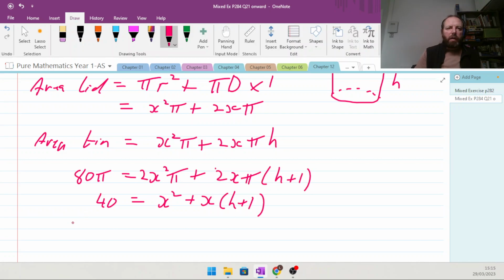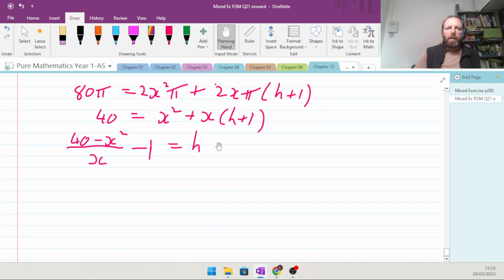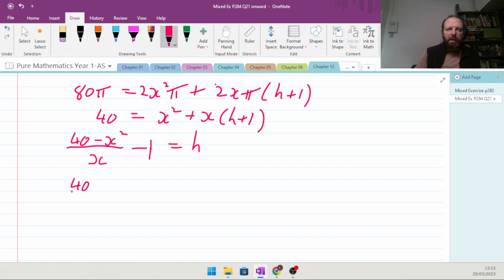Okay, so we end up with 40 minus x squared, divided by x, minus 1 equals h, which we can simplify slightly as 40 over x minus x minus 1 equals h. Right, so we've got the h.